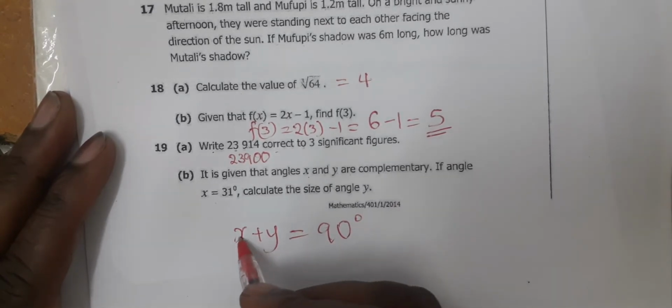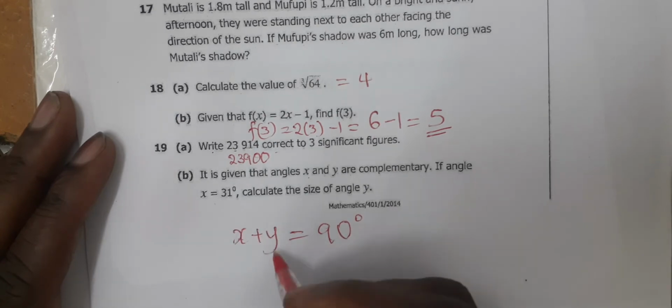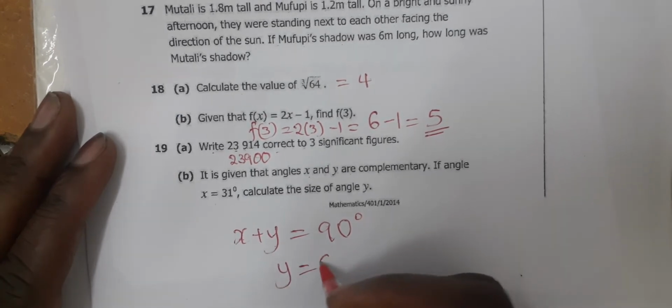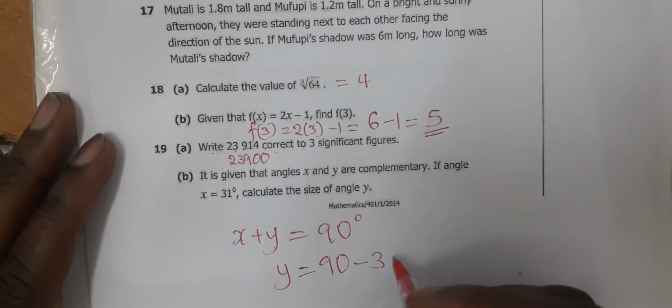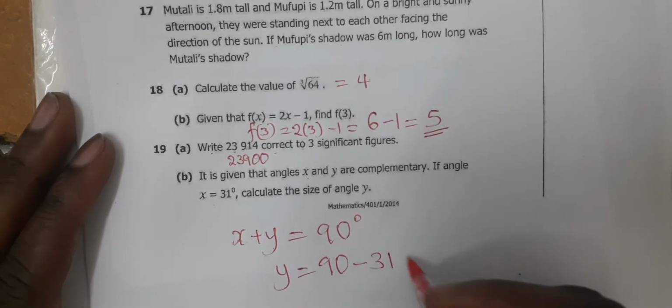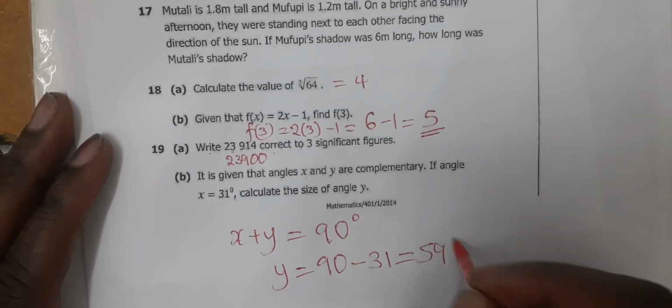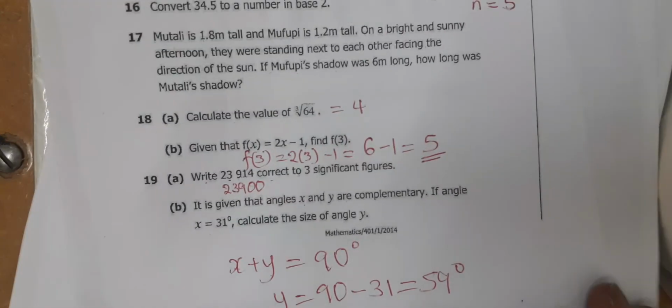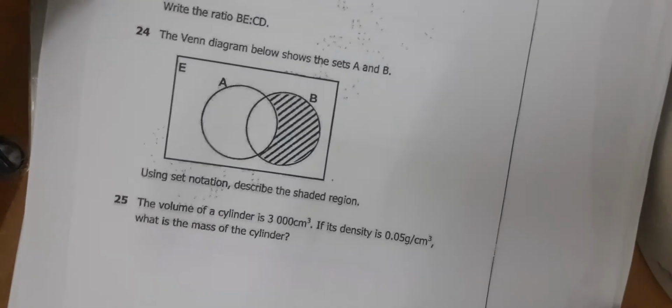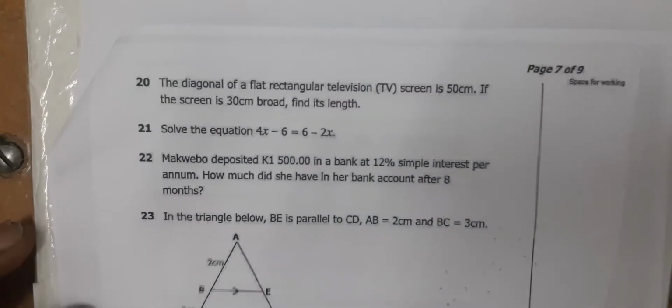So if this one is equal to 31, what are we supposed to do to find y? It will be 90 minus 31, which is going to give us 59 degrees. So that's the answer there, 59. That's the value of y. Okay.